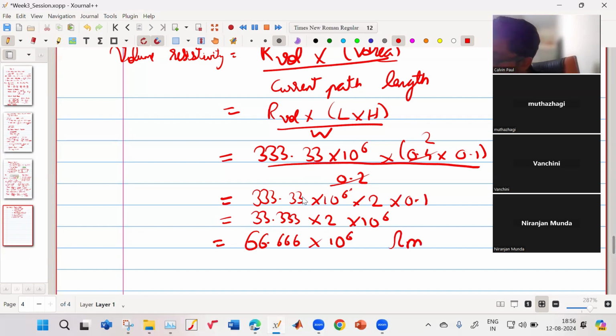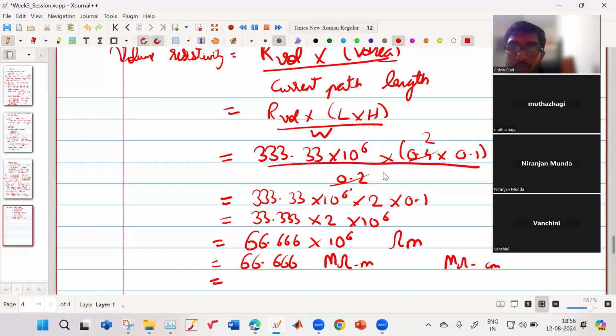Now I can write it as 66.666 mega ohm meter, but they want it in mega ohm centimeter. So what should I do? You have to multiply by 100.